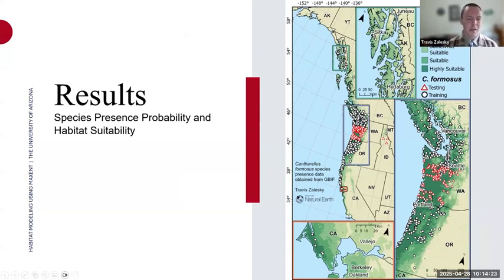And you can see here that my projected habitat for chanterelle mushrooms is extending from Central California along the West Coast all the way up to Southern Alaska. And here you can see that the projected habitat is matching very well with the testing data. So overall, this is a really good model.